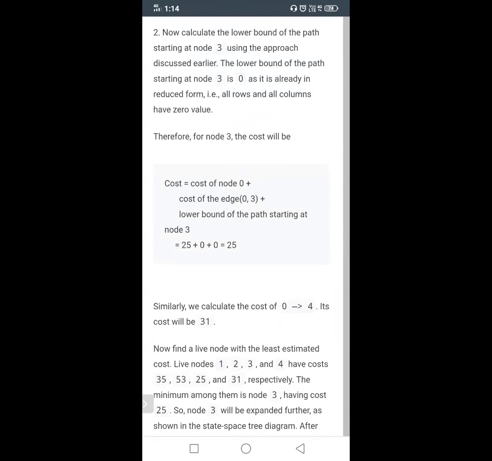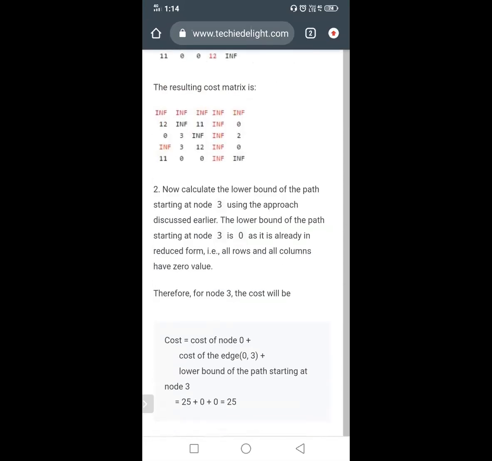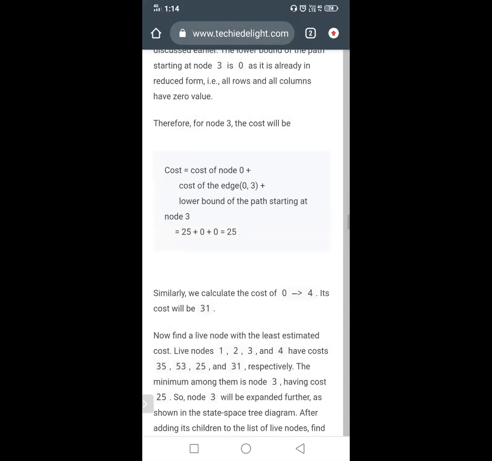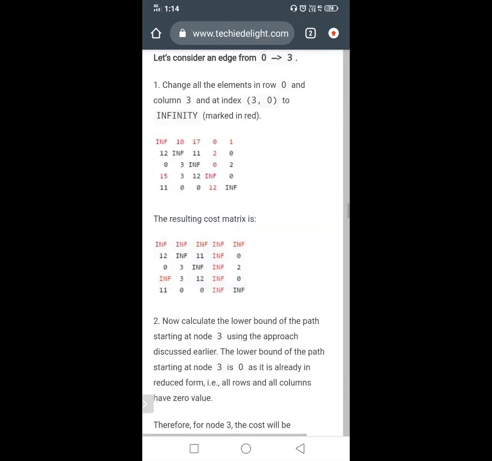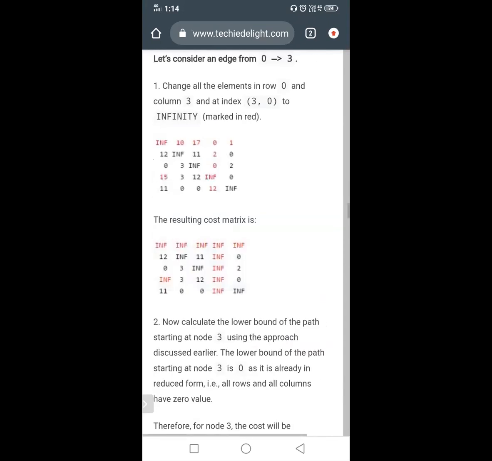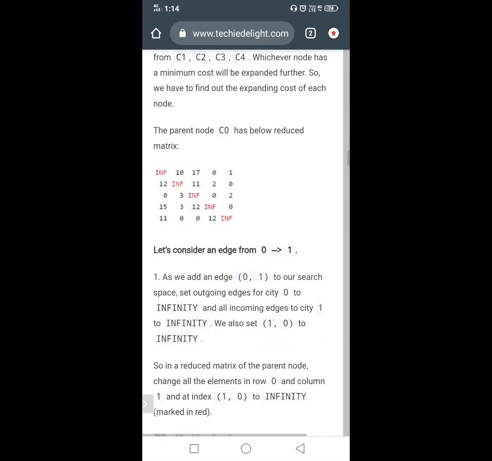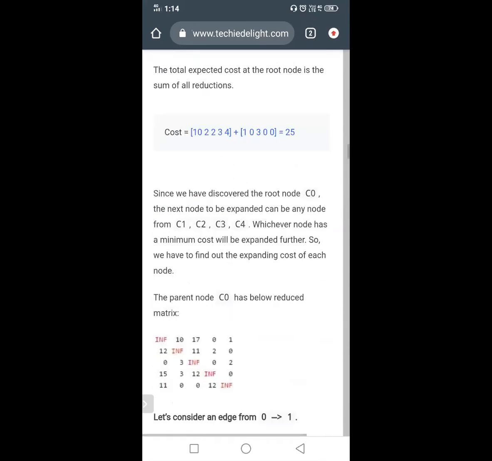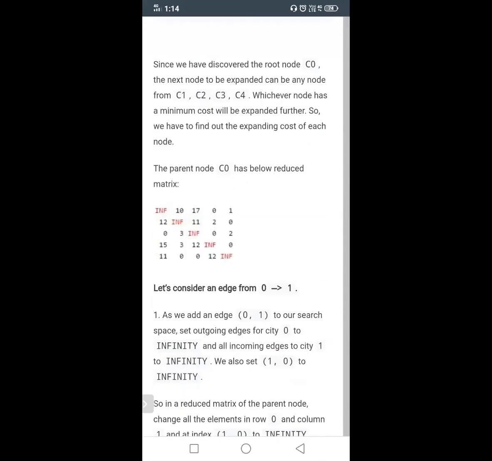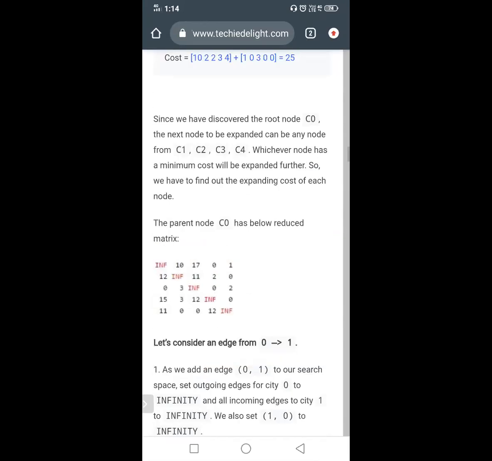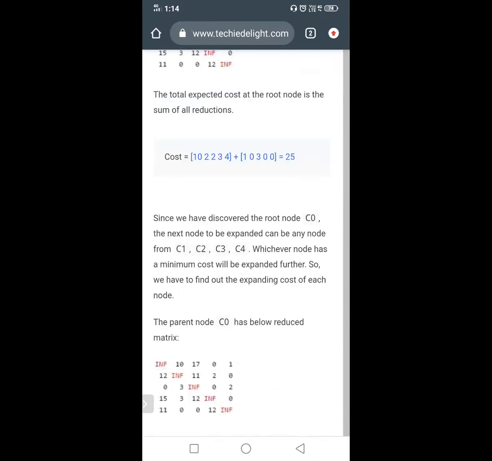Then you have to calculate 0 4. In the same way you calculate 0 4, that is 25. And what is the 0th row, fourth column? The 0th row, fourth column is 1.